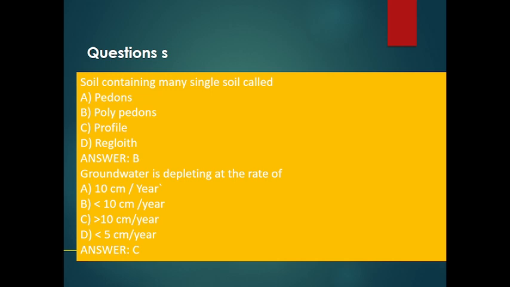So now soil. This is also lithosphere. The single soil is called the polypedon. One of the complicated questions. Groundwater depletion. This is also very complicated. Here about 10 centimeter per year. In Jaipur, during the last 30 years, the human population growth is about 6 to 7 times.